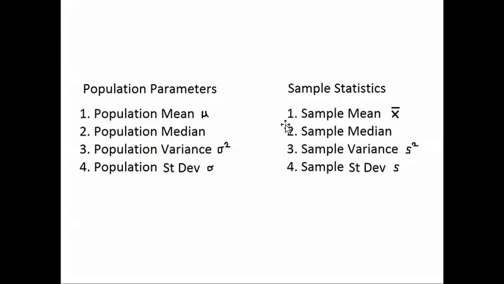So if you're reading an article and someone is reporting a sample mean, a person might just say x bar equals this number. Instead of saying the sample mean is this number, they might just say x bar equals this number. Or if they're reporting a sample standard deviation, the article might just say s equals this number.